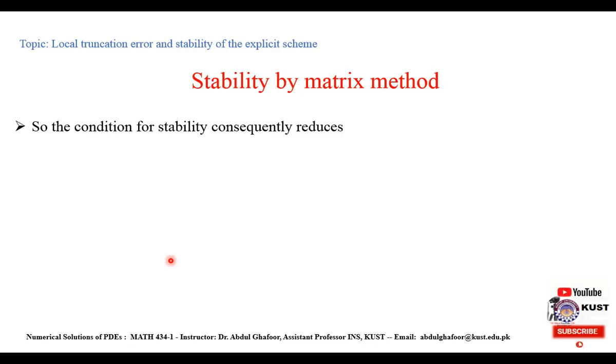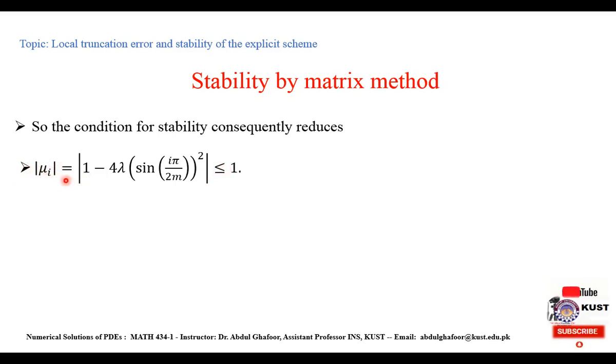So the condition for stability consequently reduces to |mu_i| less than or equal to 1, because the spectral radius of matrix A should be less than or equal to 1, and the spectral radius basically represents the maximum eigenvalue. So these mu_i are the eigenvalues of the matrix, and the absolute value of these should be less than or equal to 1.